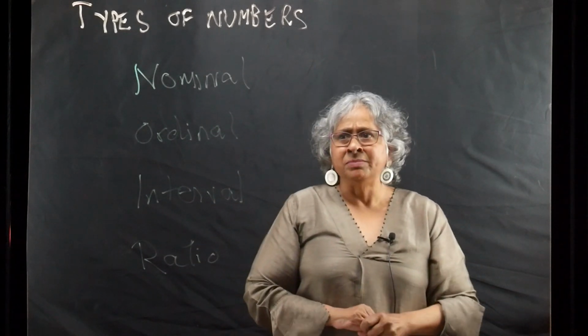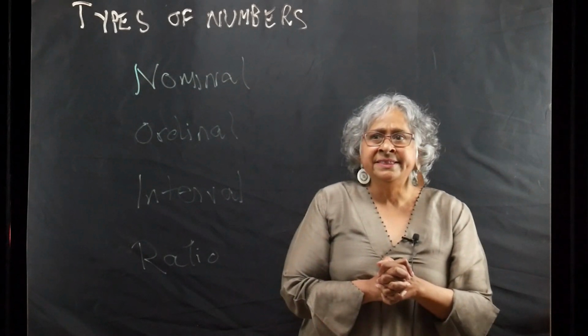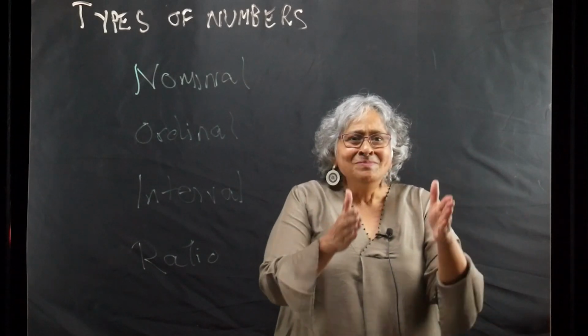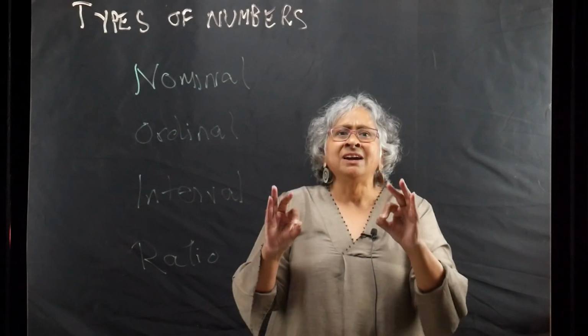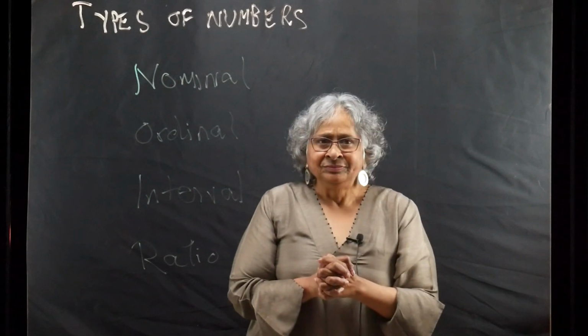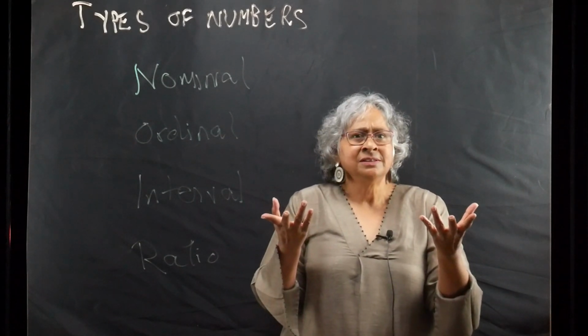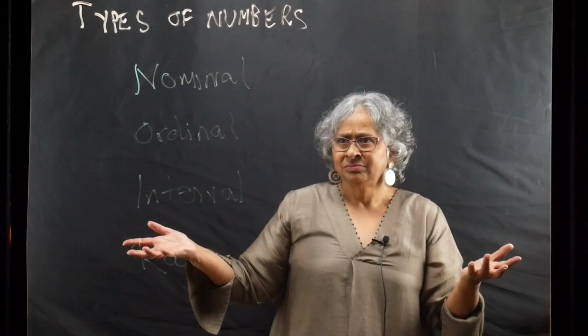Another kind of number is interval. In this, the units do matter, but I don't have a 0. Think about this. I can measure temperature as Fahrenheit or as centigrade.